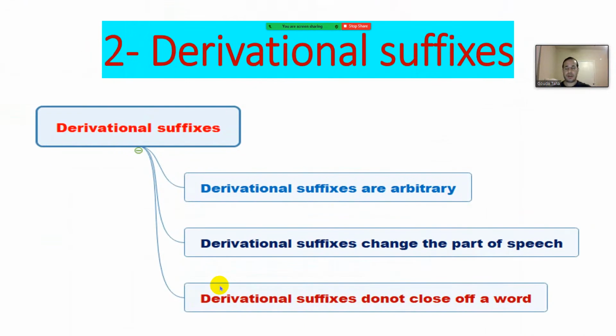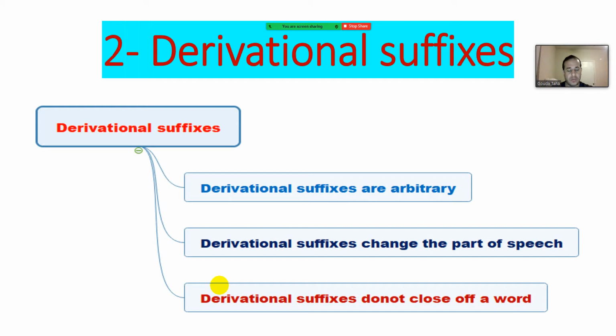The other category of suffixes is the derivational suffixes, which are countless, not only three. They are arbitrary, so they are not fixed. We do not have one fixed rule to categorize them, because some words take some morphemes while other words go for other morphemes.